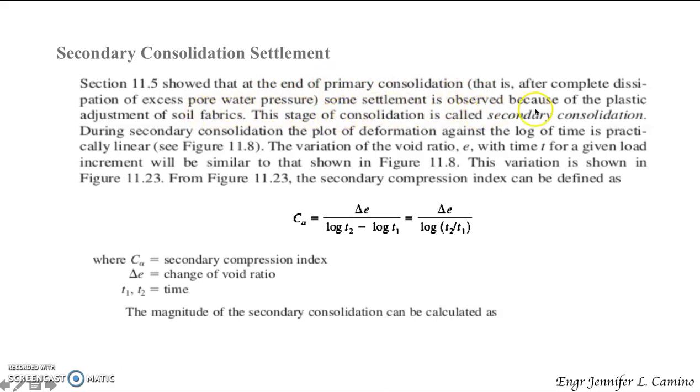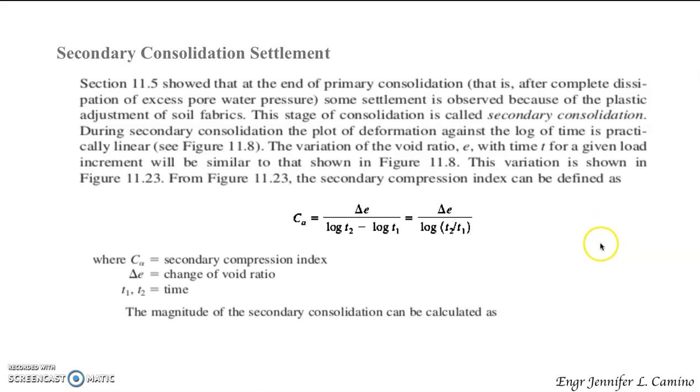Some settlement is observed because of the plastic adjustment of soil fabric. This stage of consolidation is called secondary consolidation. During secondary consolidation, the plot of deformation against the log of time is practically linear. The variation of the void ratio e with time t for a given load increment will be similar to that shown in figure 11.23.